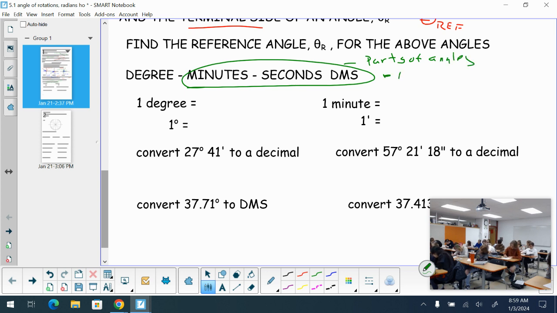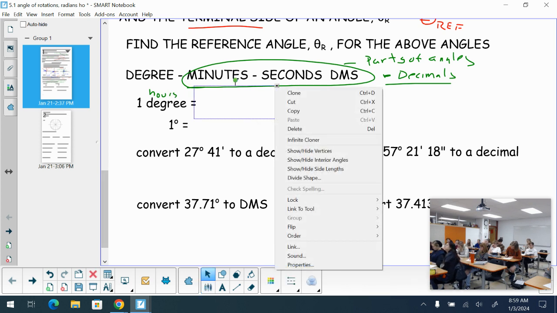We deal with decimals quite a bit. When we have a decimal of an angle or part of an angle, we deal with it mainly in decimals. But the old school method is dealing with it in minutes and seconds. The nice thing about minutes and seconds is it sort of follows the idea of hours.